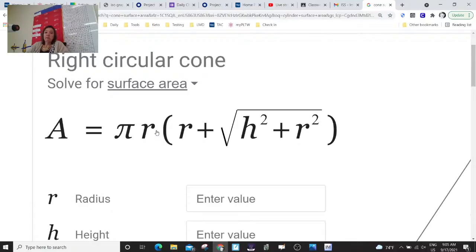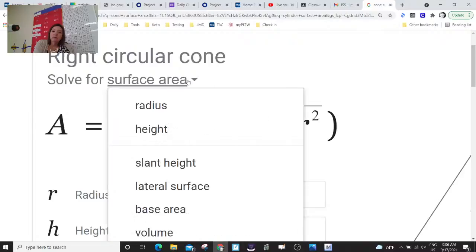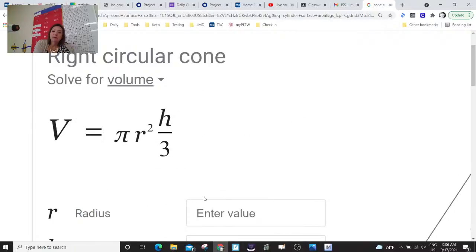Y'all got that one? Here's the volume of a cone.